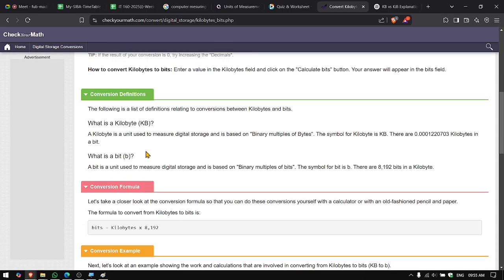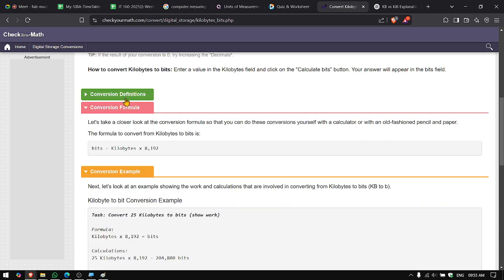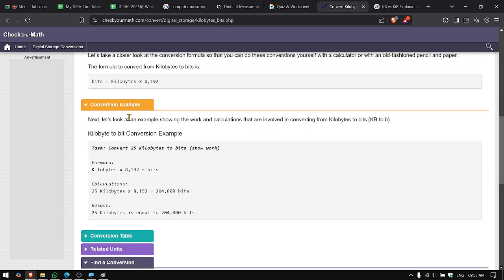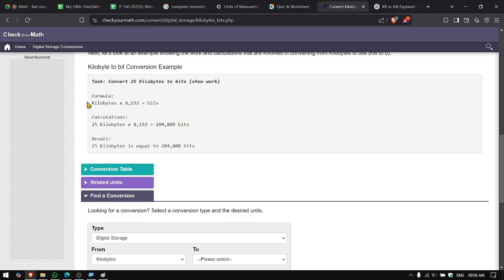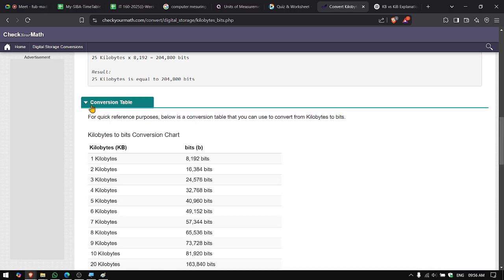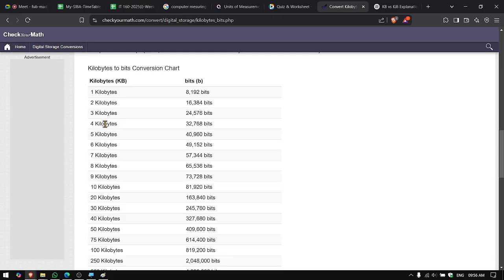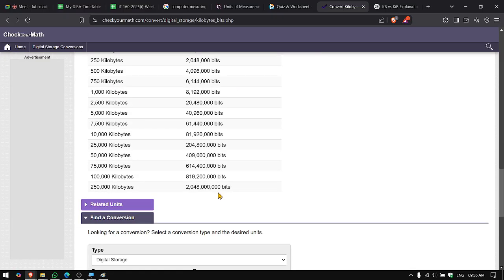Here they have given the definition also, and here the example: kilobytes multiplied by 8192 bits. So here you have some examples. Conversion table, here you can see.